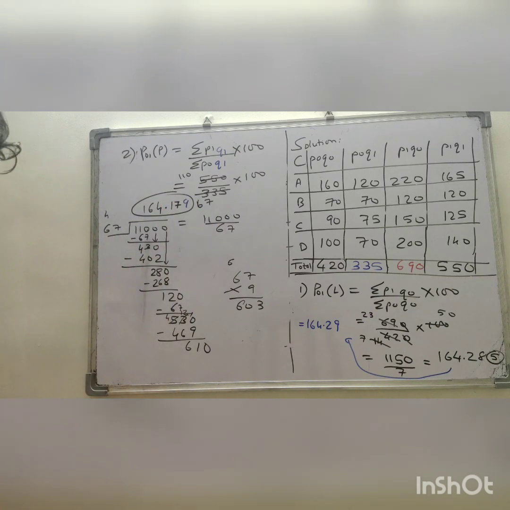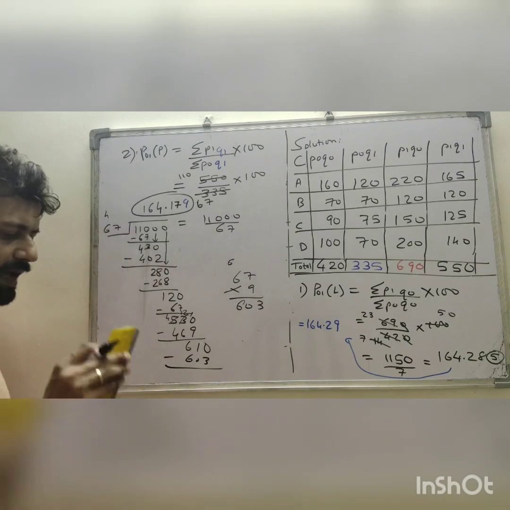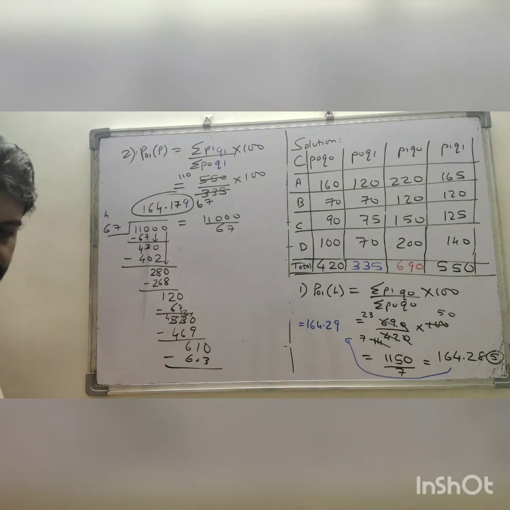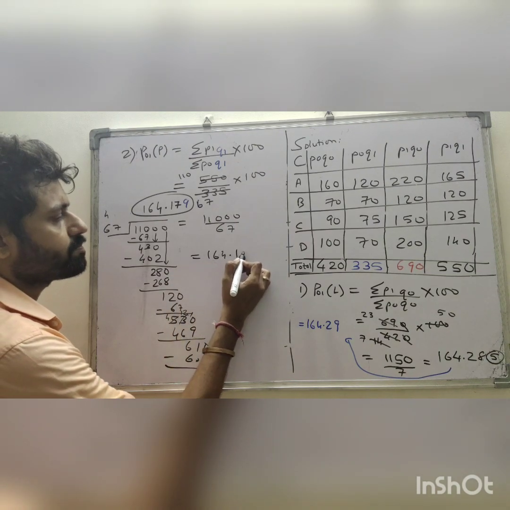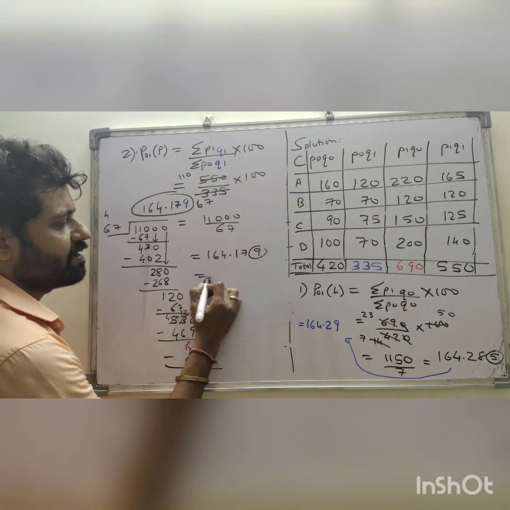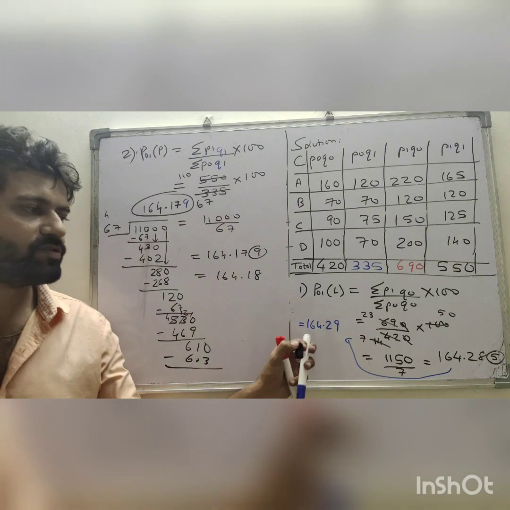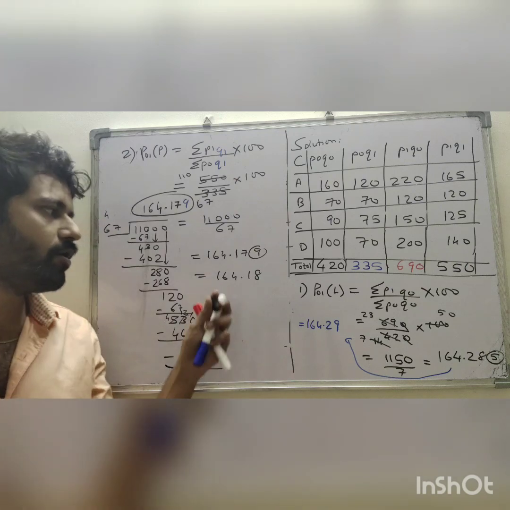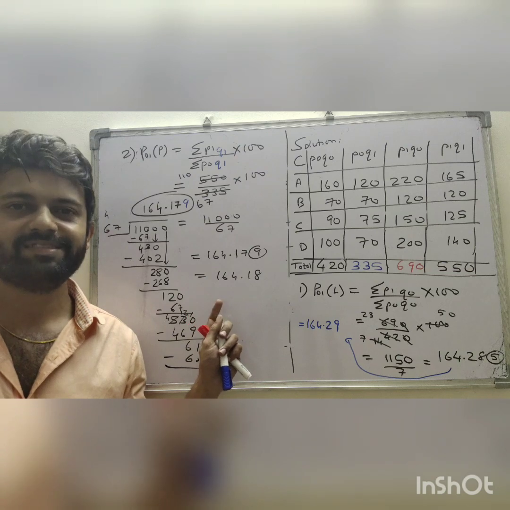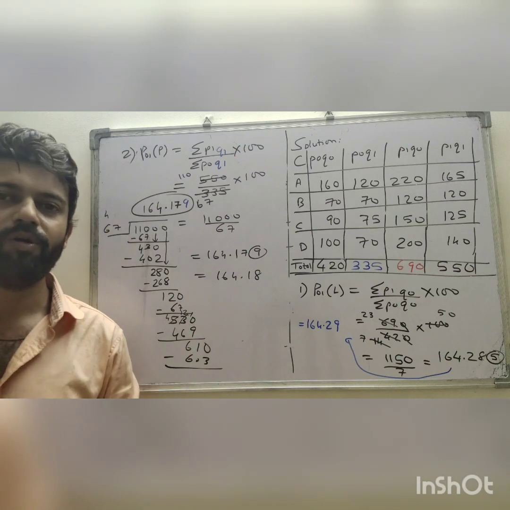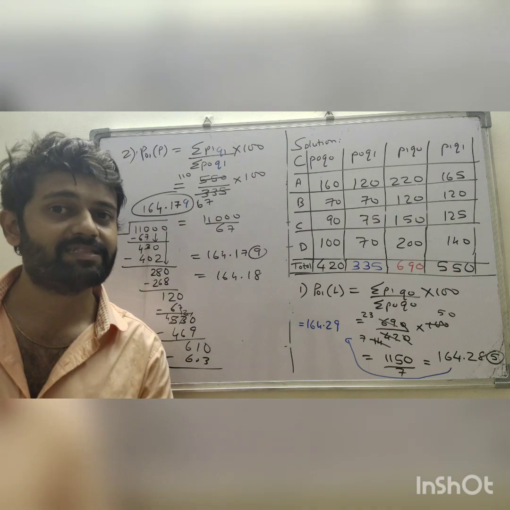So my answer will be 164.179, that is 164.18. There it was 164.29 and here I got 164.18. After completing this, we then move on to the next asked price index number.